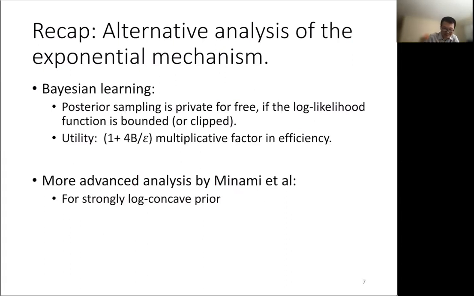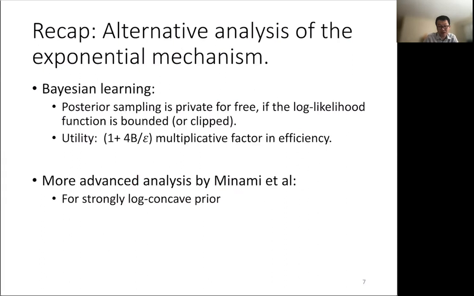On the other hand, this bounded log likelihood assumption is sometimes a bit too restrictive, and Minami et al. have shown that one can actually analyze it using more advanced mathematical tools, assuming something like a Gaussian prior.